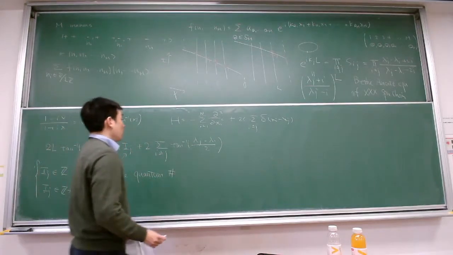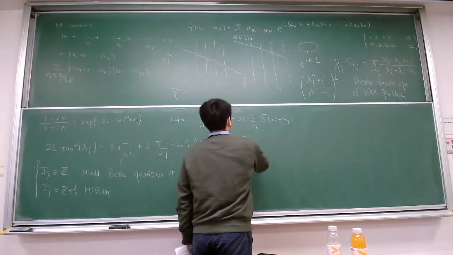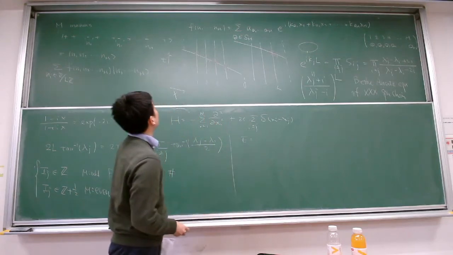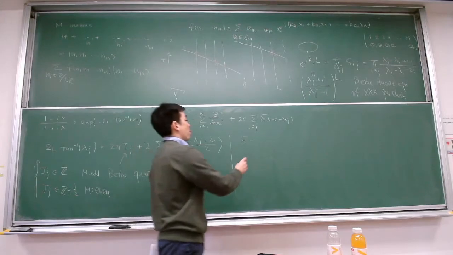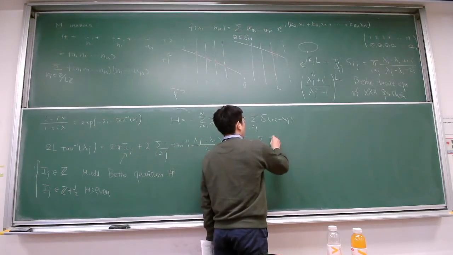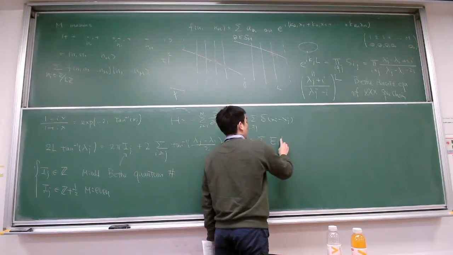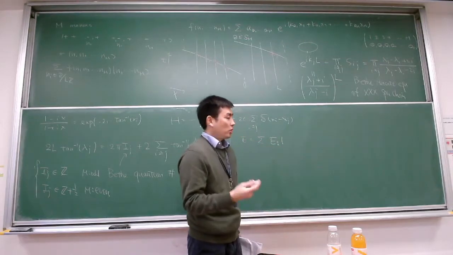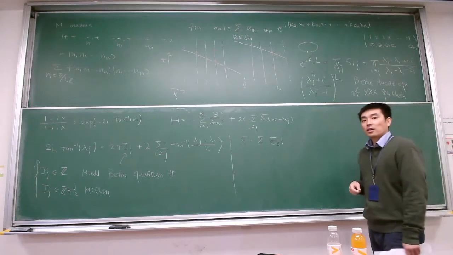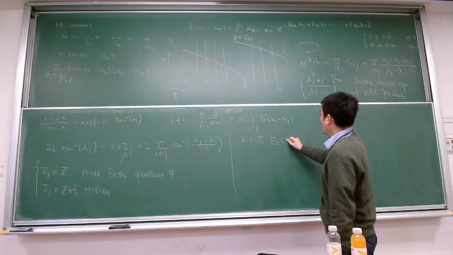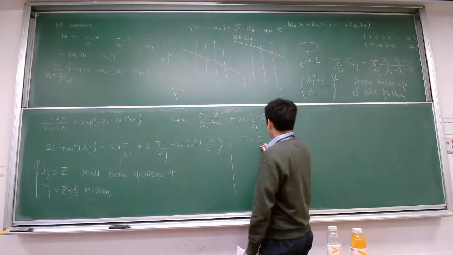Okay. So as we recall, this energy is indeed the sum of E1 with E1. One magnon energy is 1 minus cos k, right? That's what we have learned, and the ki runs from 1 to n.